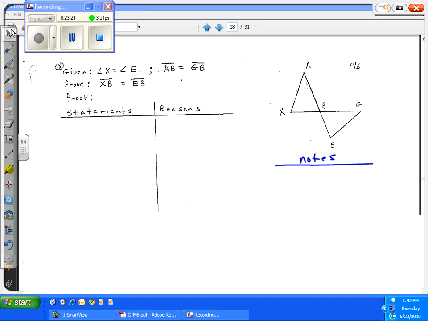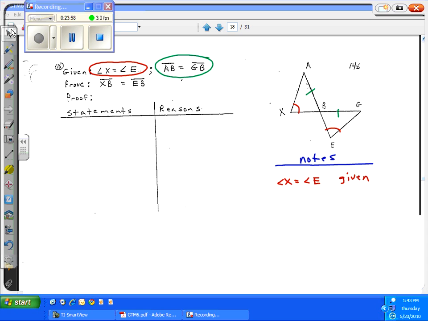Take what we're given, mark it in the diagram, write statements and reasons derived from the markings in the notes section. So the first given statement said that angle x is equal to angle E. So we go to our diagram and mark that. Angle x is equal to angle E. Reason given.